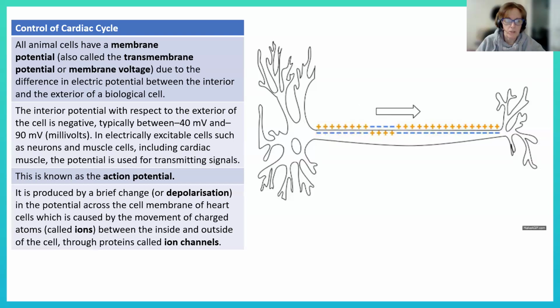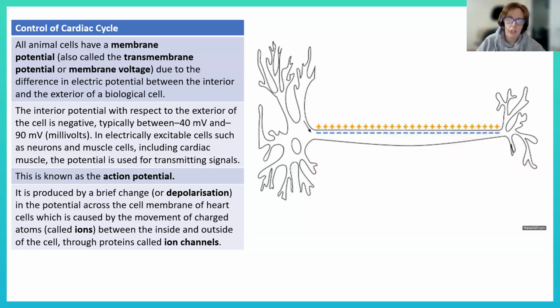So what this action potential is essentially, it's a brief depolarization. That's what you can see on the little moving image there. It's a brief change in polarity or charge. So it briefly switches from positive to negative across the neuron in this instance, but we're talking about muscle cells today.